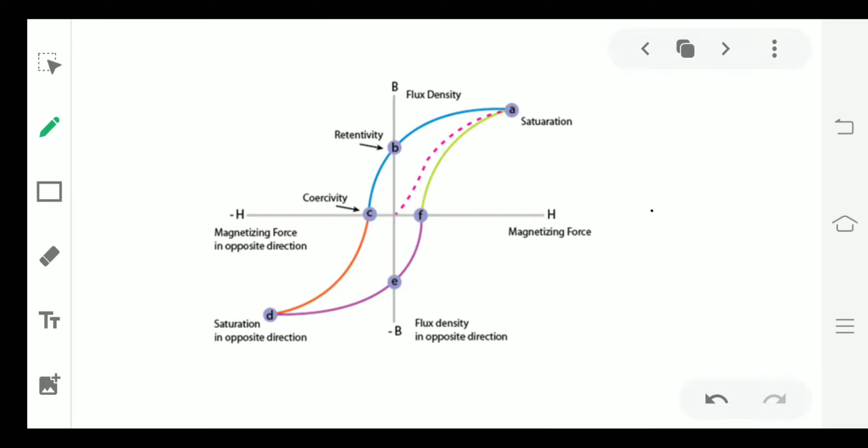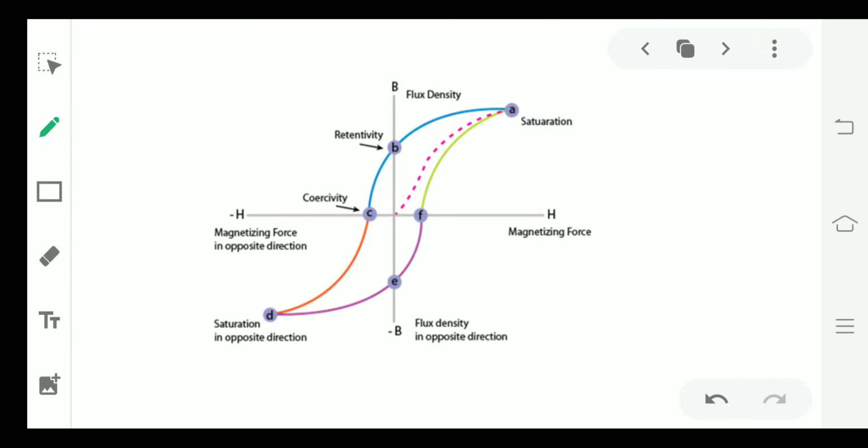In ferromagnetic materials, when we apply a magnetic field or a magnetic force, then its domains align in the direction of the magnetic field, and if we remove this magnetic force, then they align themselves in random directions. So this is the property of ferromagnetic materials.